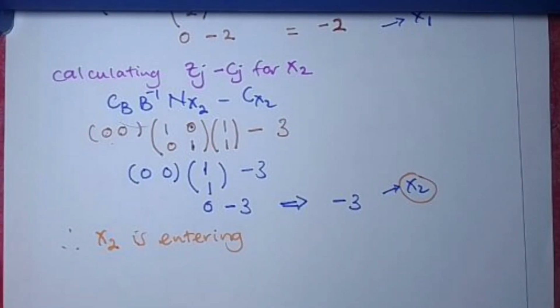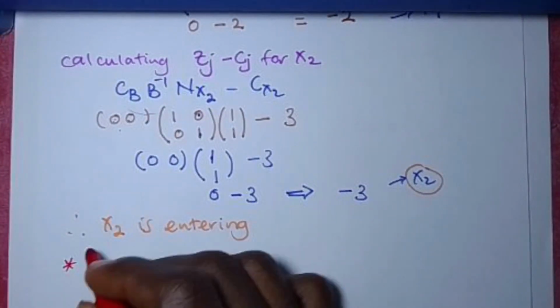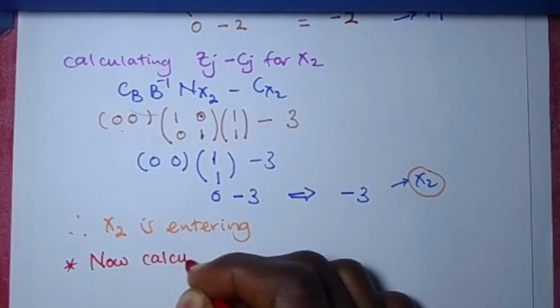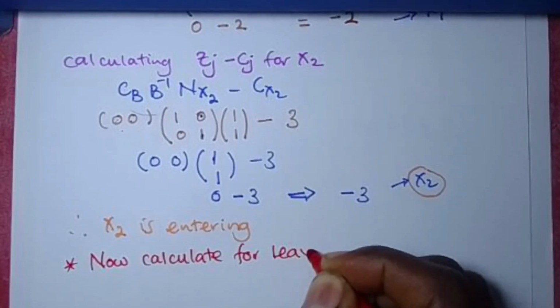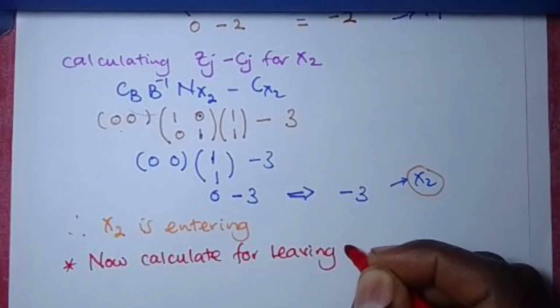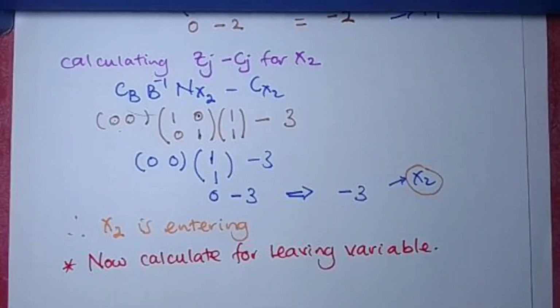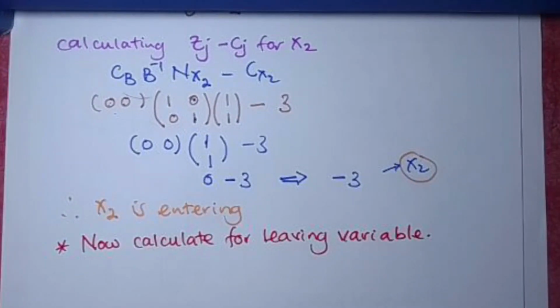So after finding out the entering variable, you need to calculate for the leaving variable. And now, let me put here a star and say now calculate for leaving variable. So to calculate for the leaving variable, we are going to use the same technique but this time round the formula is going to be different.